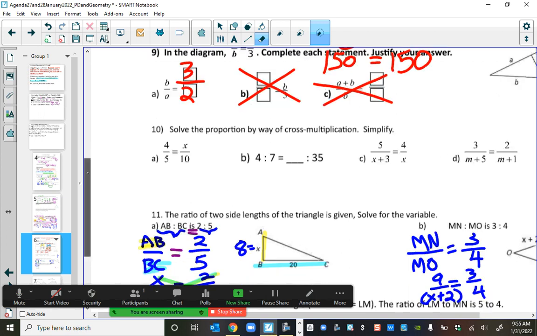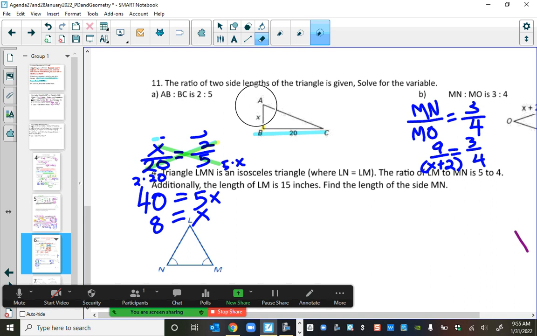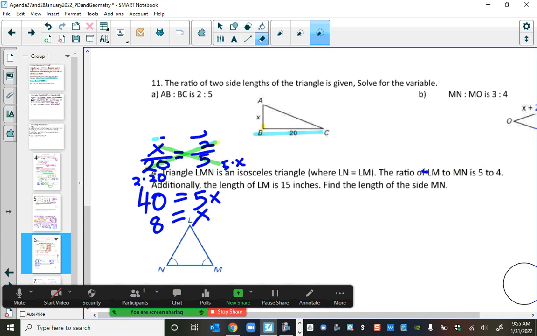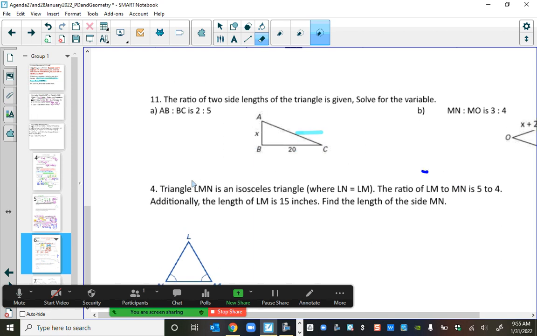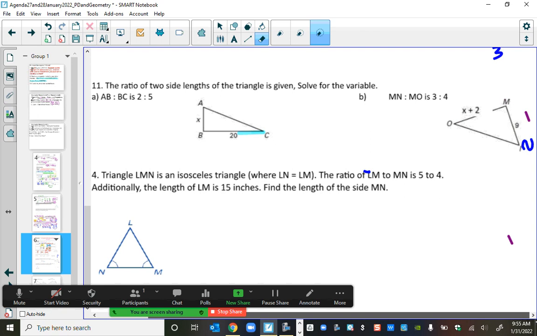Okay. All right. So we're at a similar point.